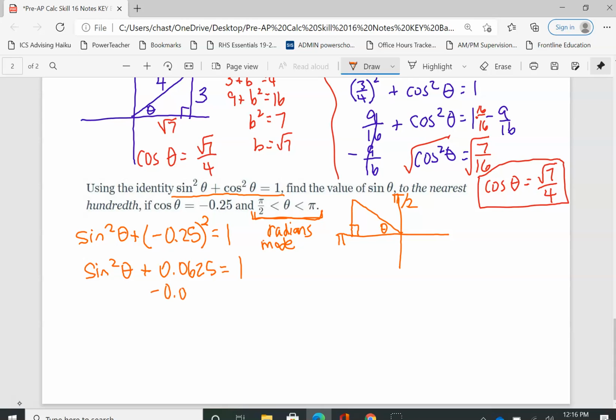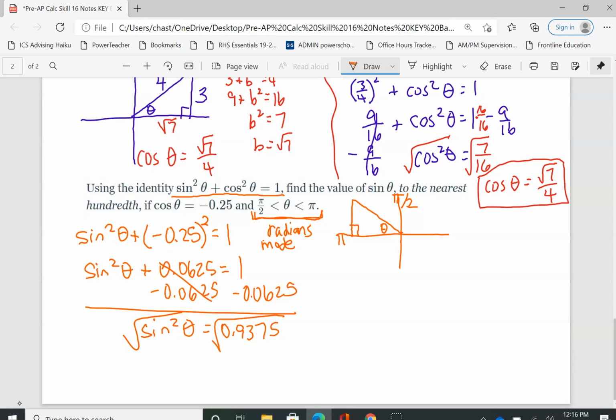We need to subtract that from both sides. Sine squared theta, 1 minus 0.0625 is 0.9375. We'll take the square root of both sides. And sine theta is about 0.97 when rounded to the nearest hundredth.